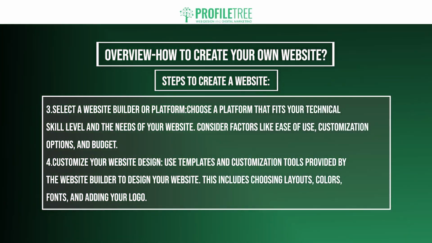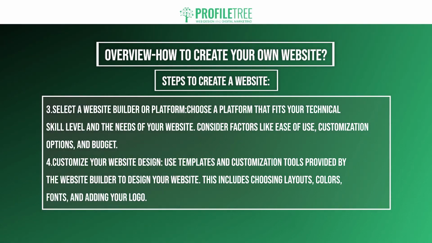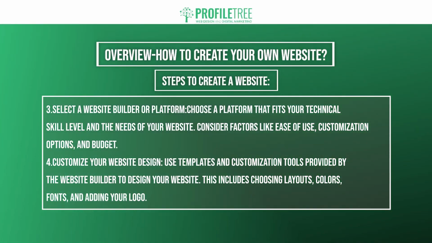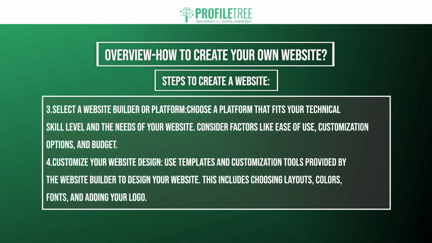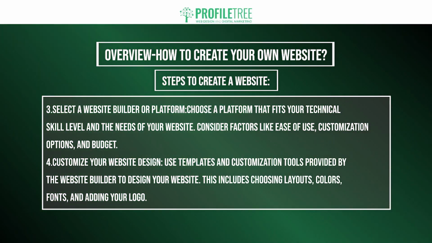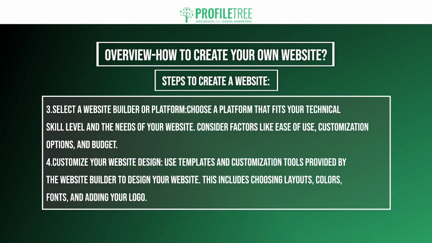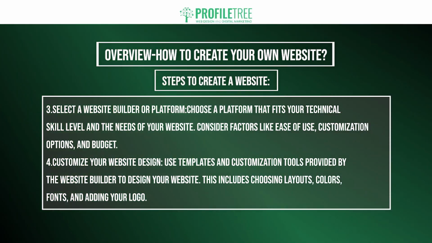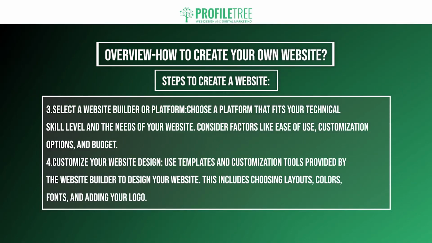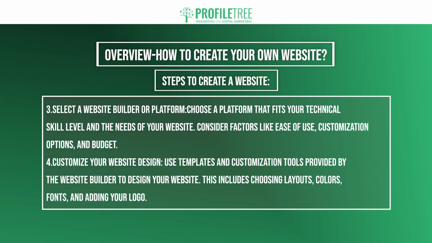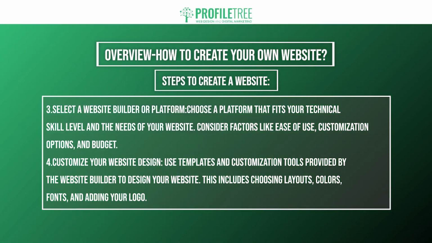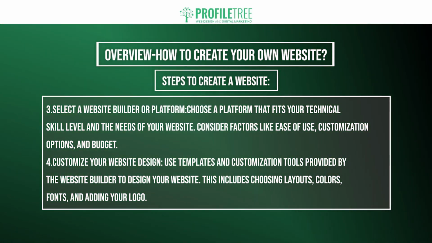Now, if you're looking for something a little bit more complex or something a little bit more with animations or more tools, then it is best to go for a content management system platform like WordPress or Drupal. Now, these will be a little bit more complex in terms of website building, but they do offer up some plugins available to make sure that it extends the functionality of the platform itself.